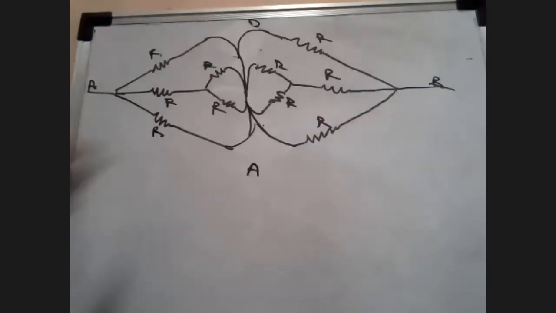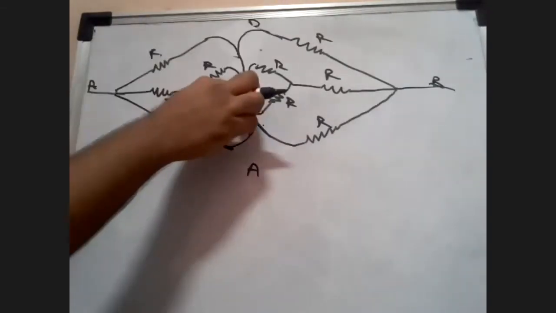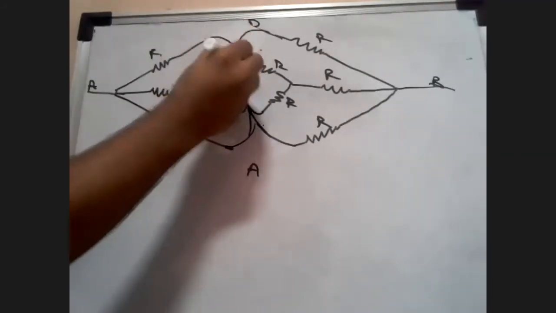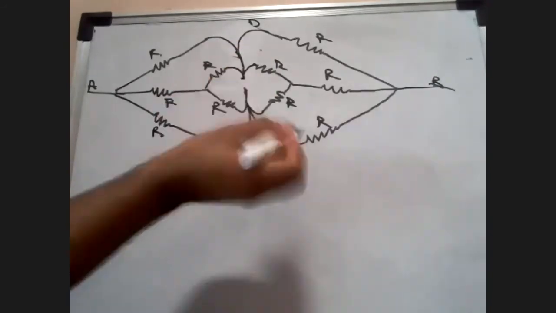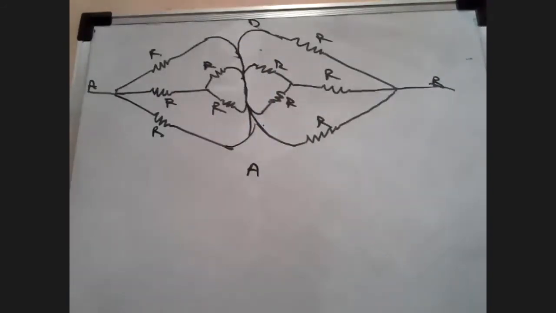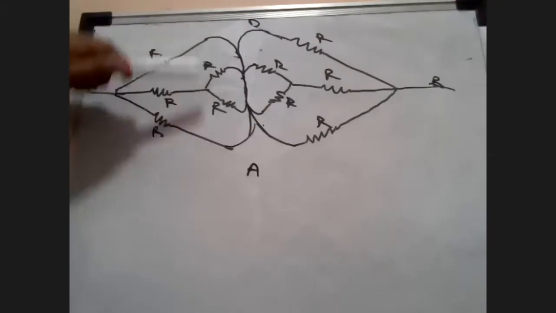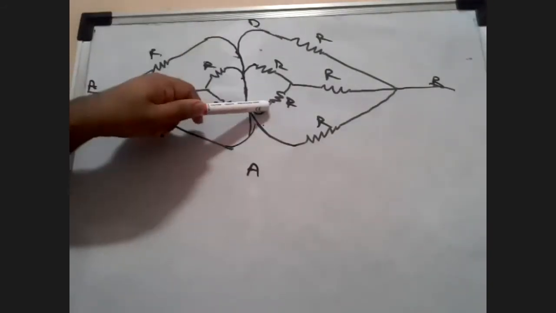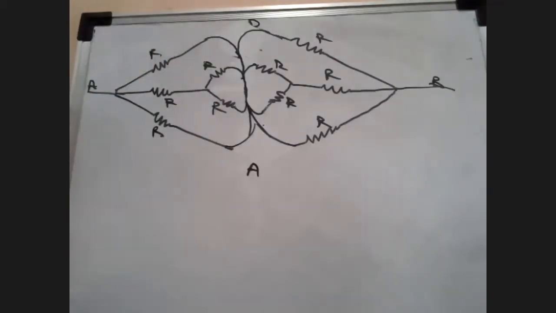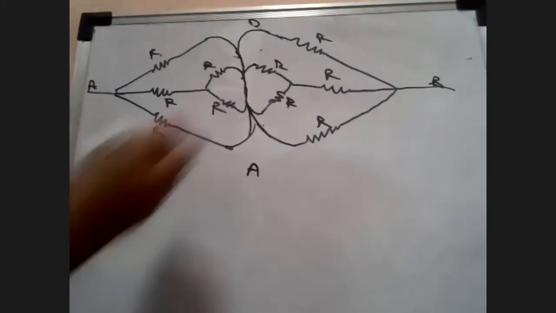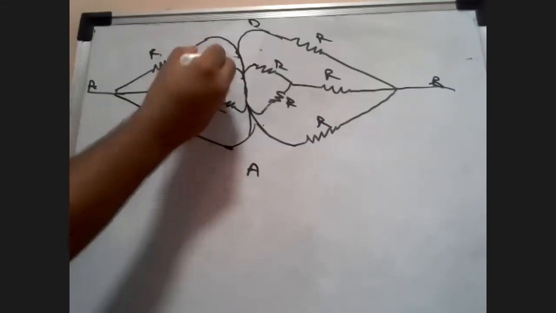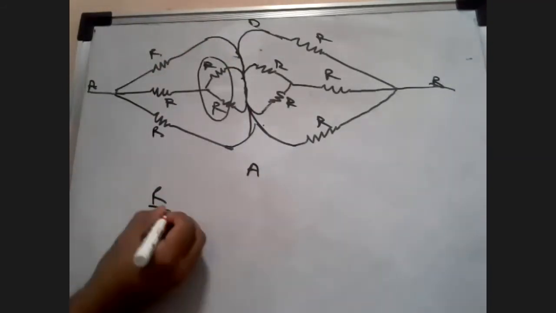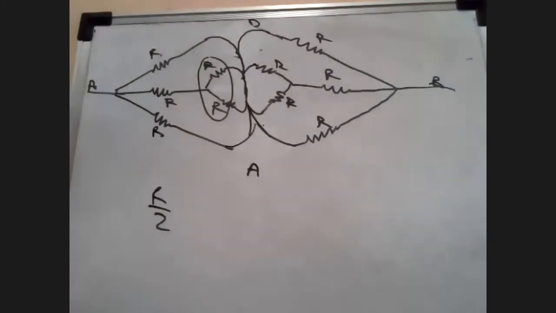And if you bring this more close, it all becomes a point like this. So now, if you see, these two resistors, R and R, are parallel to each other. How much is the value of these two resistors here? Is it R by 2? R by 2. So can I replace it with a small resistor there?